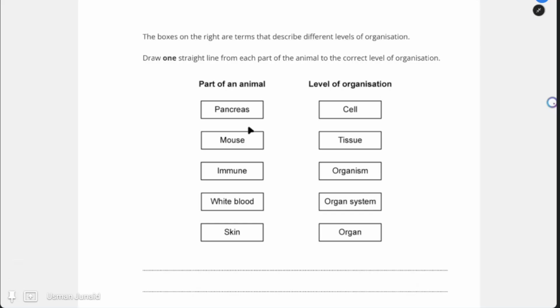What is pancreas? Organ, right? What's a mouse? An organism. What about the immune system?